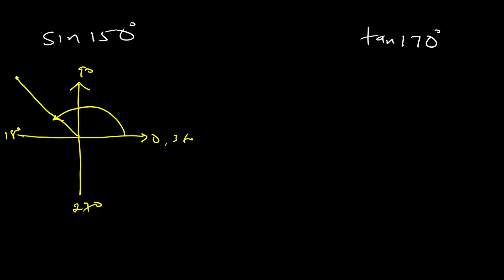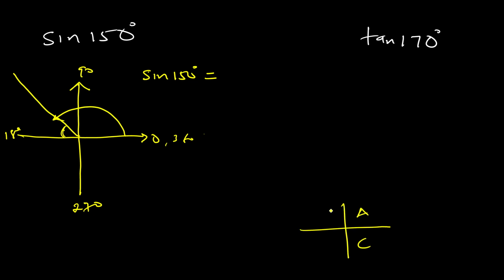So this side. Okay, so we need to measure this angle. Okay, so 150 plus 30. Okay, so sine 150 is the same as, so let's look at the quadrant. Let's draw it here.